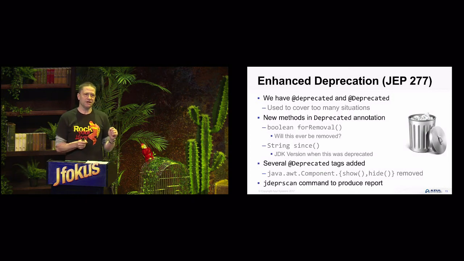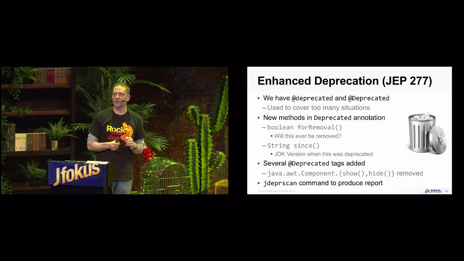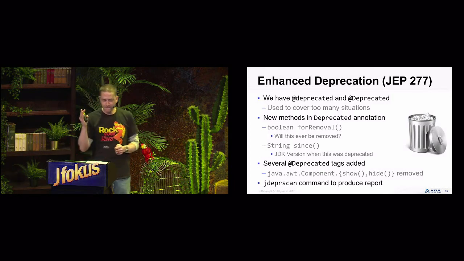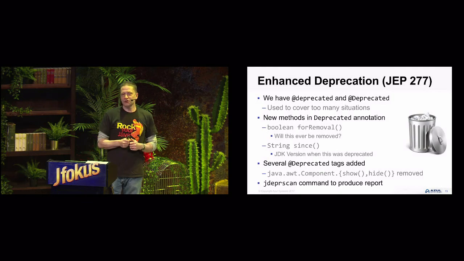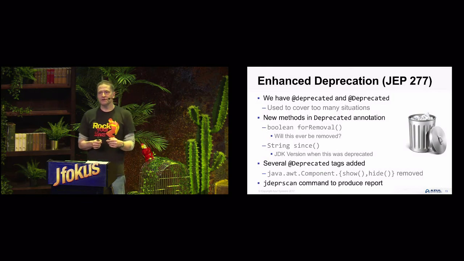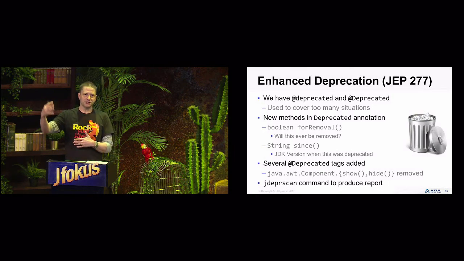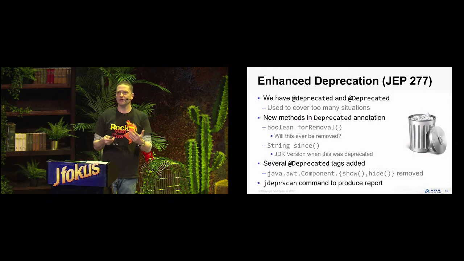Which brought up the discussion that I had with some of my colleagues about how do you declare that? Is it de-deprecated or is it just precated? But anyway, there's a tool called jdeprscan, which is very useful because it allows you to look at your code and identify any places where you have used deprecated elements, and therefore you can go back and make changes if you want to.